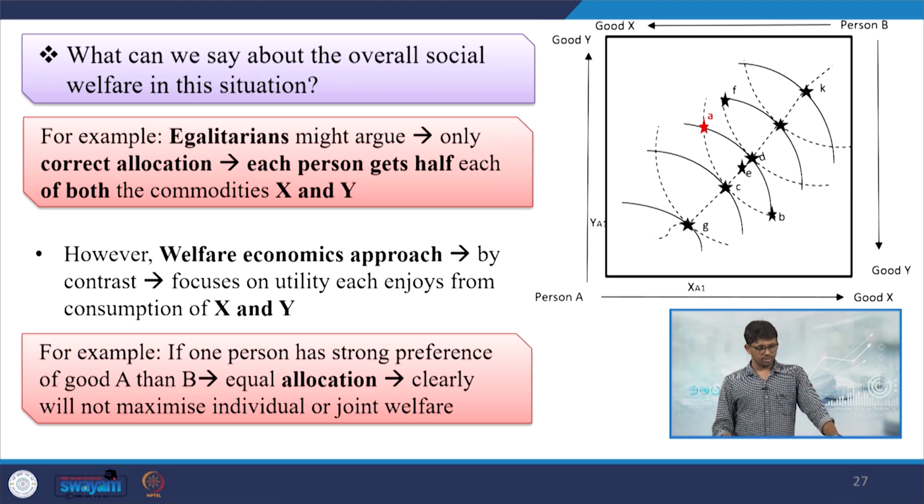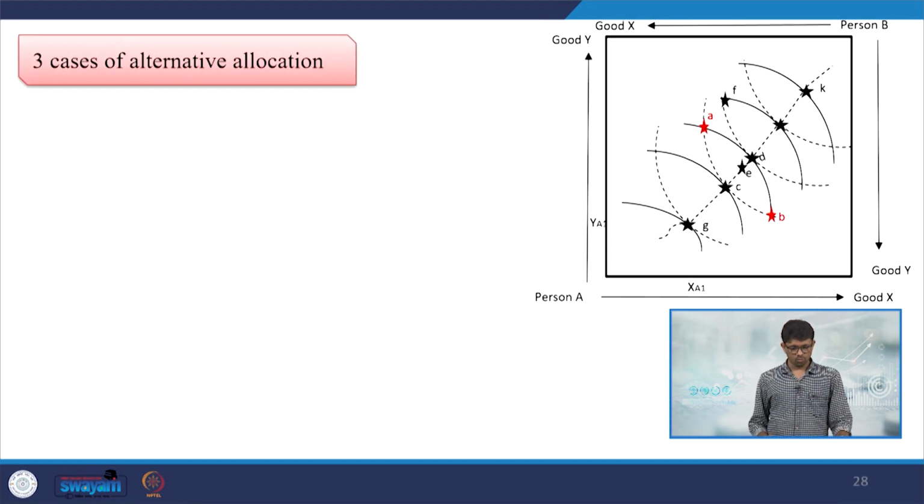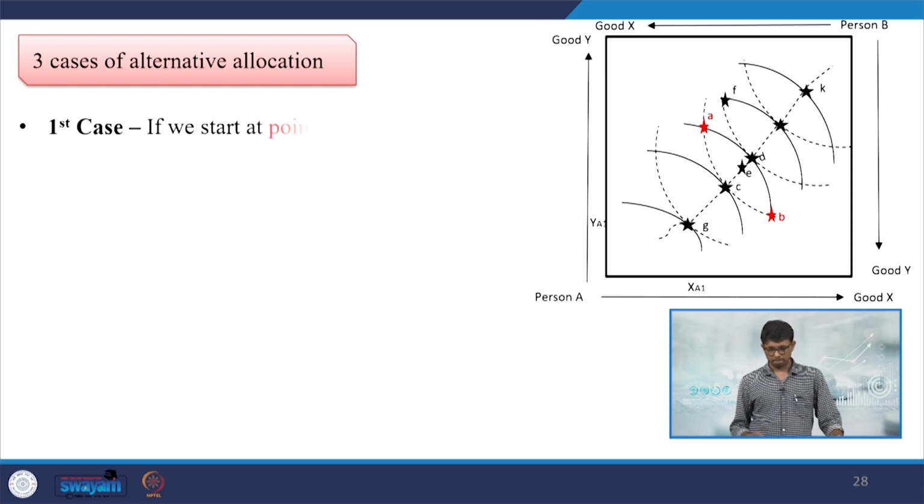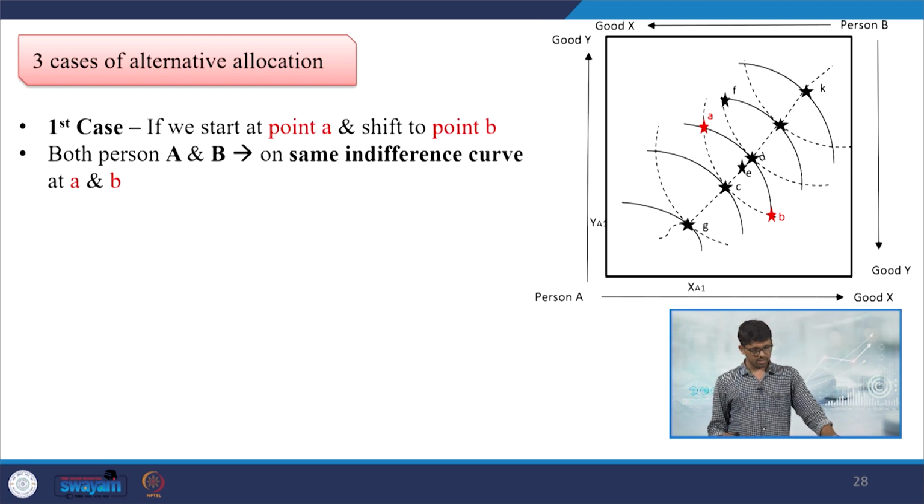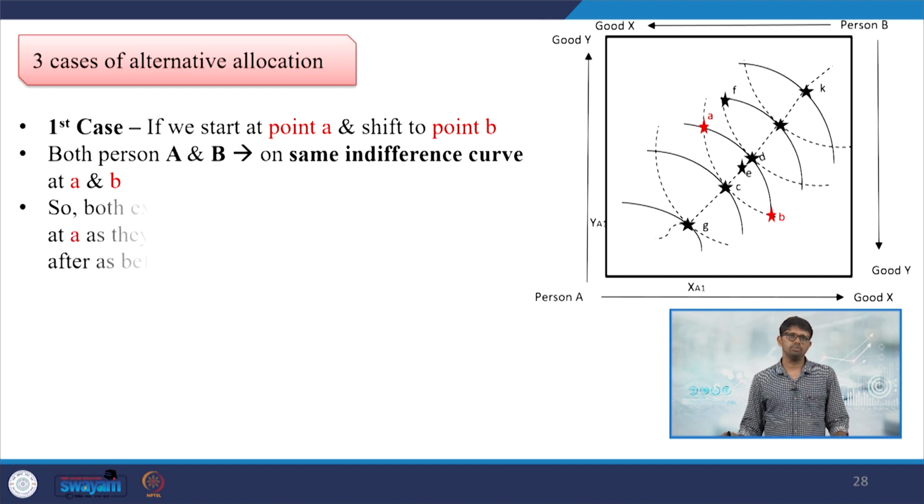What we can say about the overall social welfare in this context is explained now, and we are explaining three cases of alternative allocations. The first case is if we start at point A and shift to point B. Okay. Both persons A and B, as I mentioned, are on the same indifference curve.